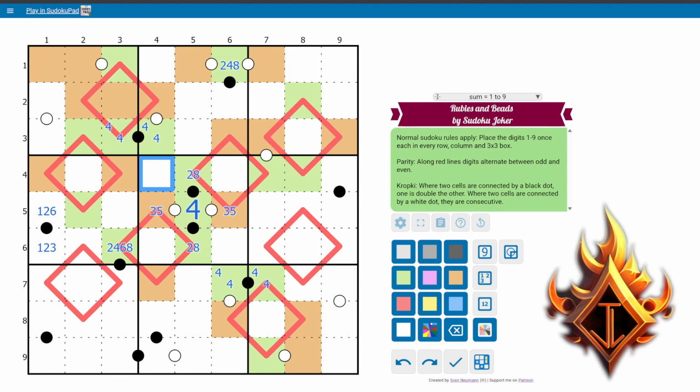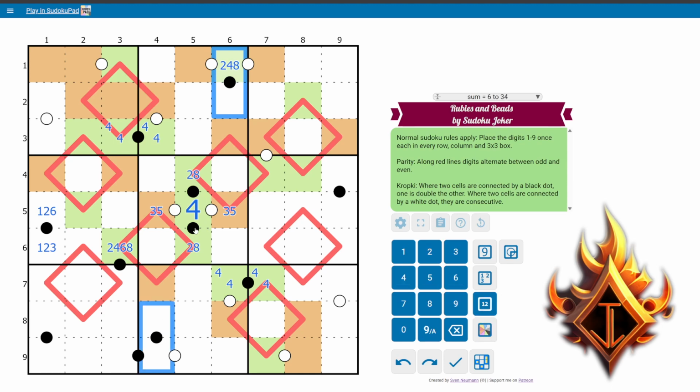Where are 4s? If this is even, 4 would have to go there.